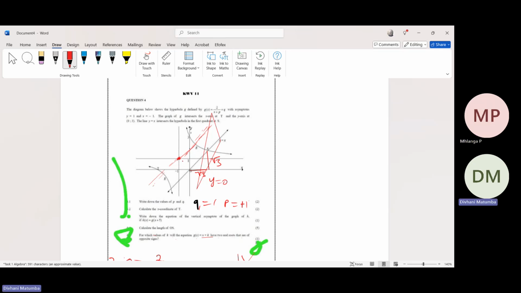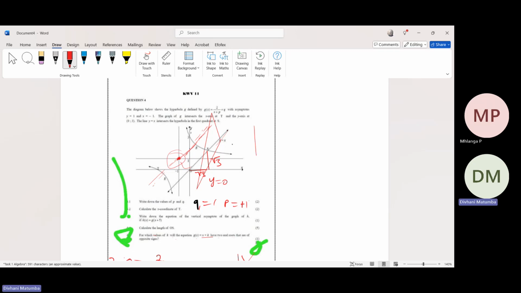So what we need to do is transfer our asymptotes back to the origin. We will have a straight line which will cut the parabola.